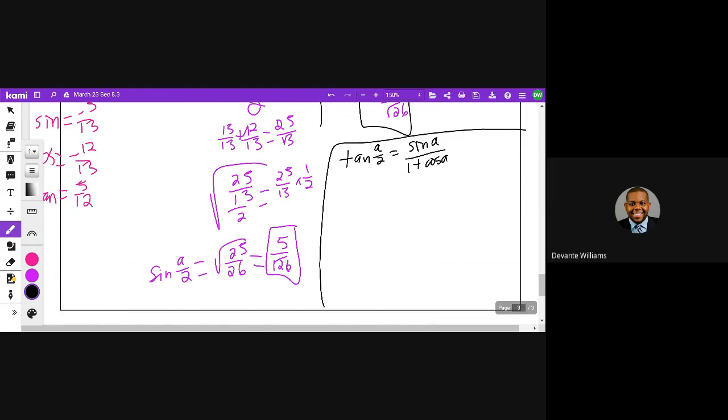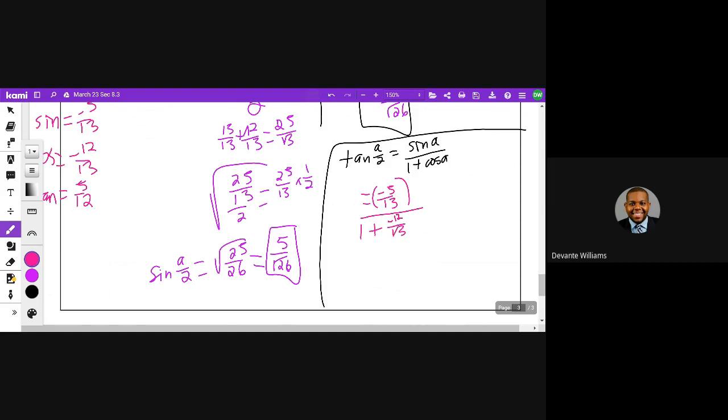Plug it in. We know the sine is negative 5 over 13, all that over 1 plus the cosine, which is negative 12 over 13.